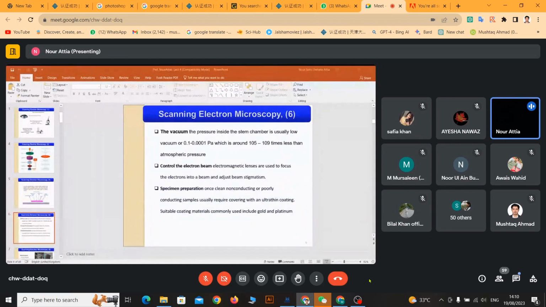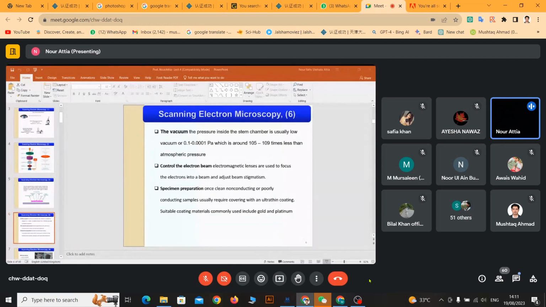So what are the precautions for the electron microscope? Actually, the electron microscope is a big instrument. I think you can see the image of this instrument. It needs a big room, and the room should be air-conditioned. During the measurement there should be vacuum, so the pressure inside the chamber of the instrument should be very, very low, so as not to disturb the electron beams.